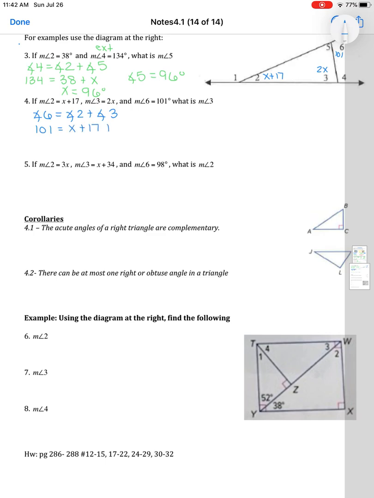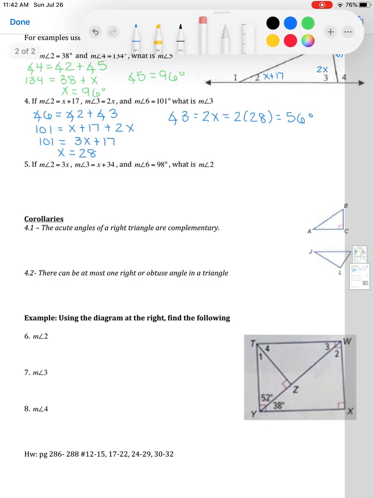All right, let's erase these and do it again for number 2. It says angle 2 is x plus 17, 3 is 2x, and 6 is 101. Well, 6 is an exterior angle, so the exterior angle is equal to the sum of the 2 remote interior angles, which in this case would be 2 and 3.